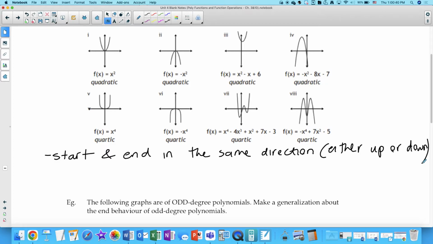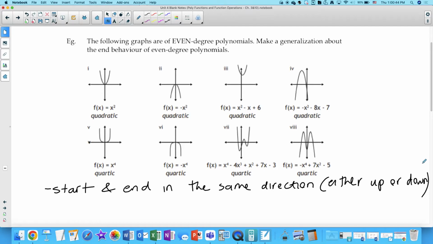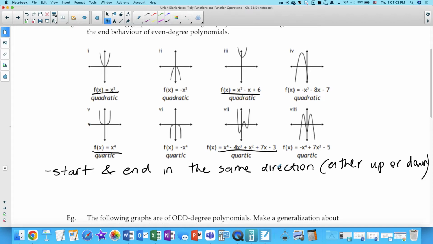So the ones that start up and end up are this one, this one, this one, this one. What do those have in common? They all have a positive A value.